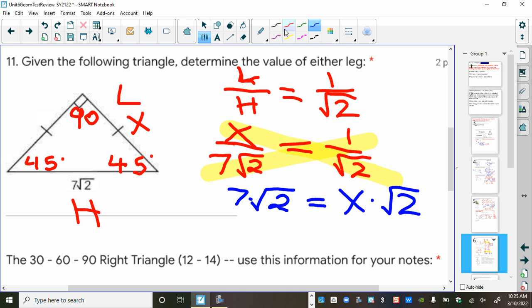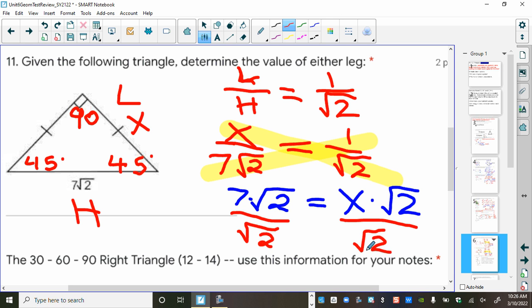So to make our lives very easy, this is one time where you can just divide both sides by the square root of 2, because both sides have a square root of 2 as a factor. So the quickest way to get rid of it, because in the end, what's square root of 2 divided by square root of 2?